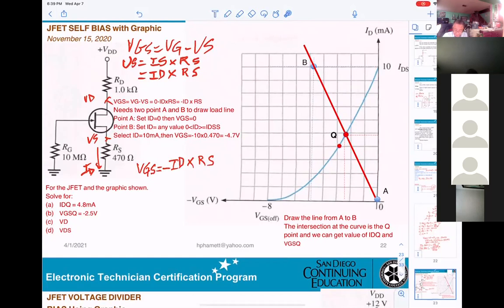What you need to do is draw the line, and wherever it cuts the curve, you get the Q point. So first, VGS equals minus ID times RS, and you can set ID equal to 0. Then what does VGS equal?